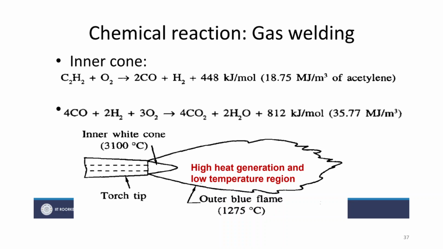It will again react with hydrogen and oxygen and make carbon dioxide and H2O. The combined heat is very high for both of these, which leads to a temperature rise as high as 3000 degrees Celsius.